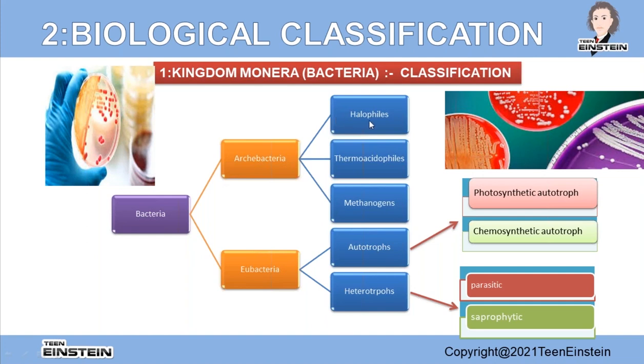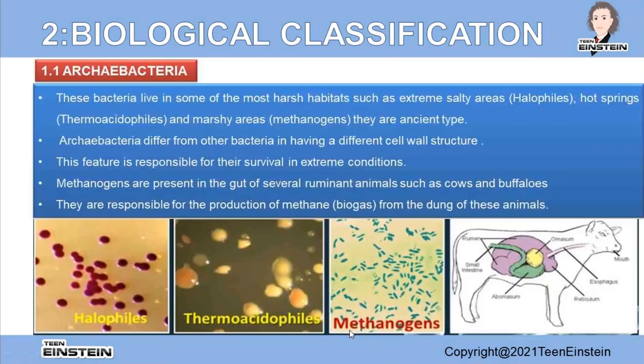Heterotrophs, which depend on other organisms, are divided into parasitic and saprophytic.